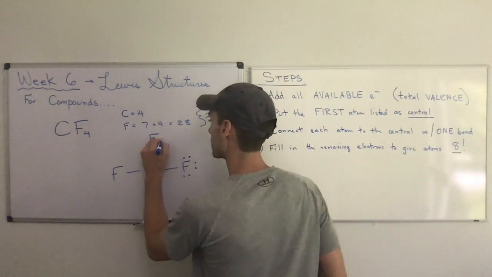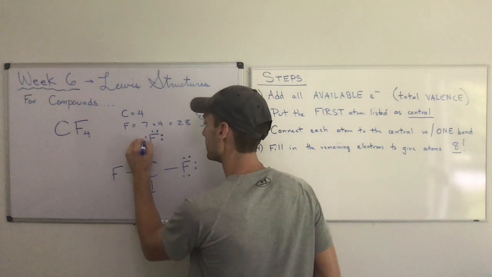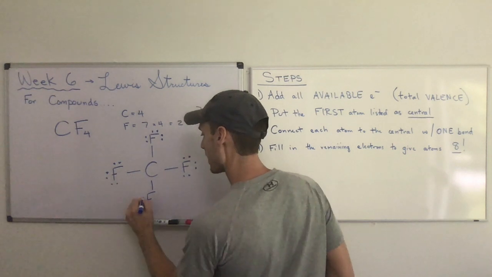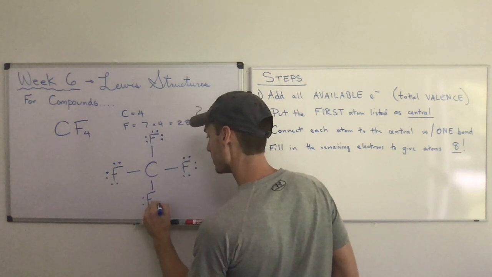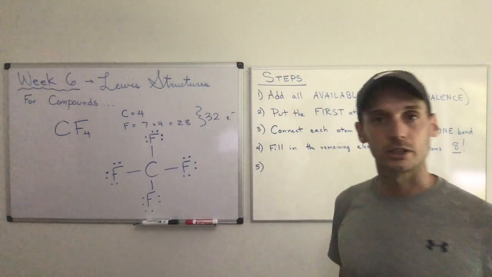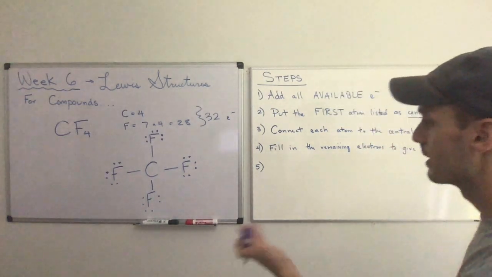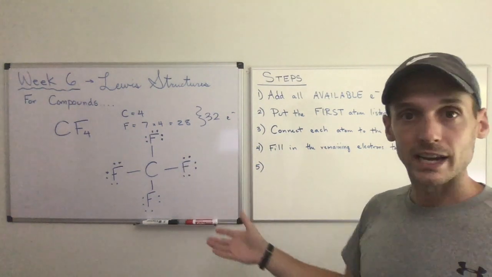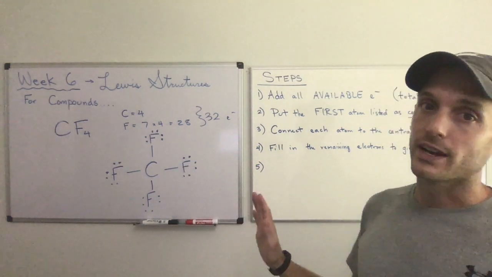We'll do this with each fluorine because they each need 6 more because they have just 1 bond, which is 2 electrons. So 2 and 6 gives us the 8. Now, all atoms here have their 8 valence electrons. They are all satisfied right now.